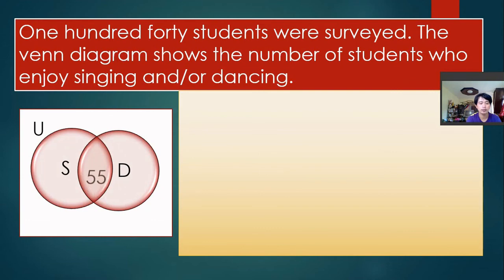We have the universal set, then there are 2 circles we are to draw, because there are 2 sets given. We have 2 talents given, which are singing and dancing.